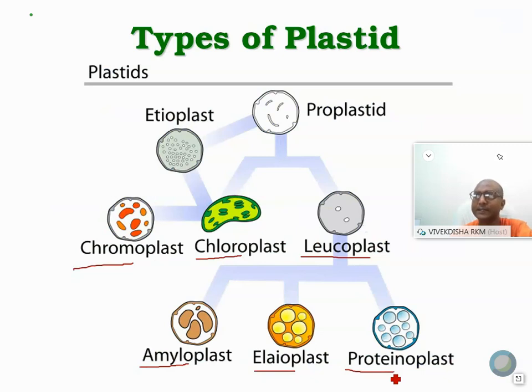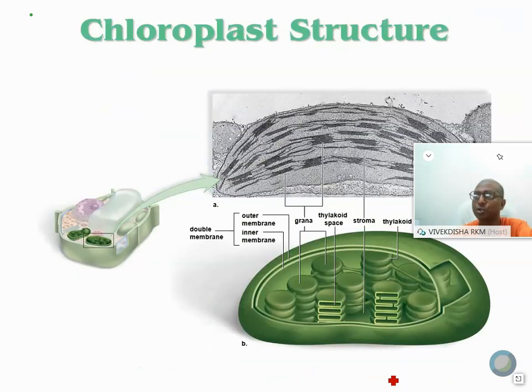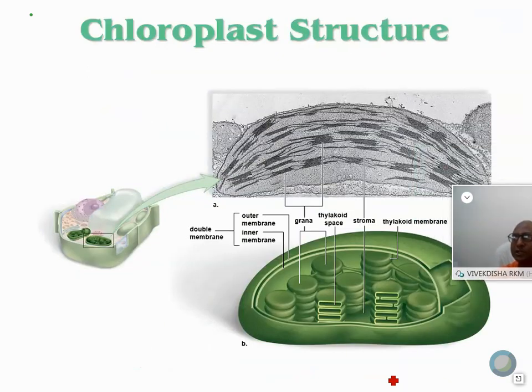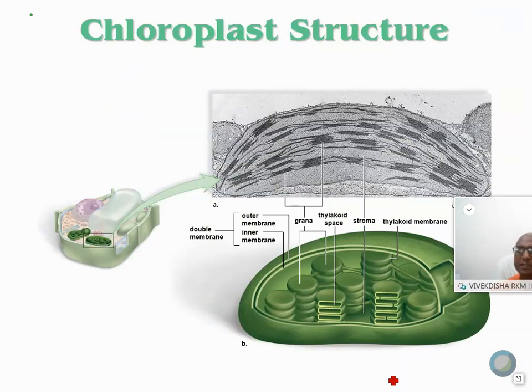So this is the very basic different types of plastid which we can obtain in different types of plants. Now, if you go through the electron microscope pictures and the diagram, the top right corner is the electron microscope view, and the bottom right corner is the diagram.